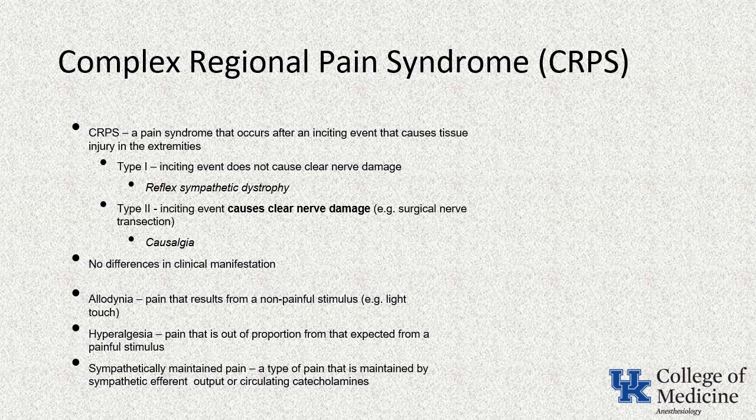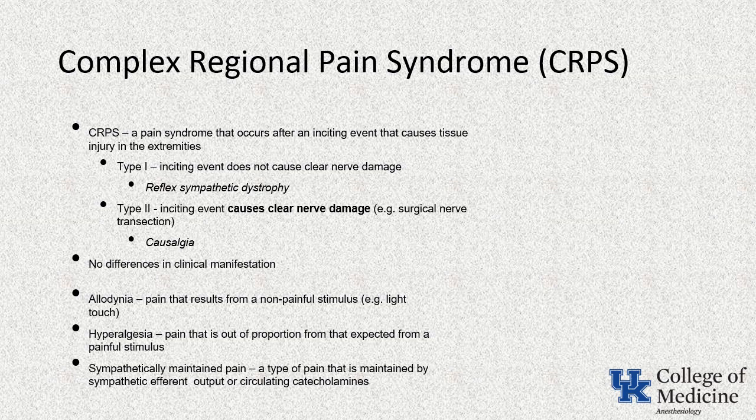CRPS type 1, formerly known as reflex sympathetic dystrophy, is where there is no known nerve damage. Type 2, formerly known as causalgia, is where the inciting event causes clear nerve damage, such as accidental or purposeful surgical nerve ligation or transection.